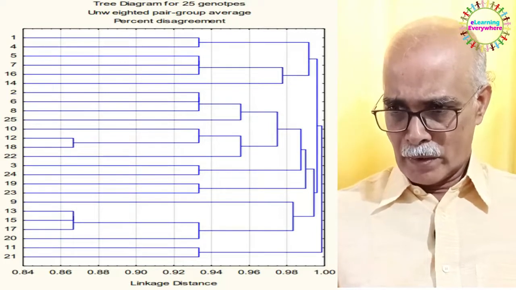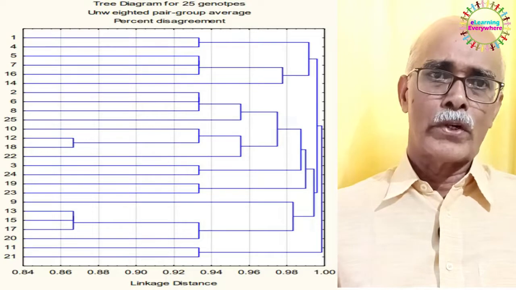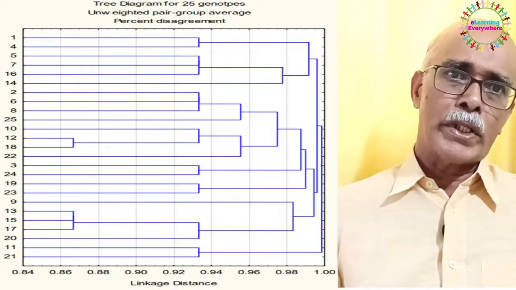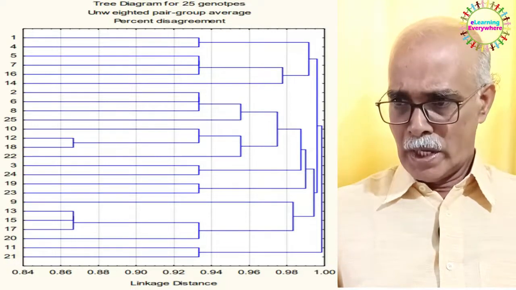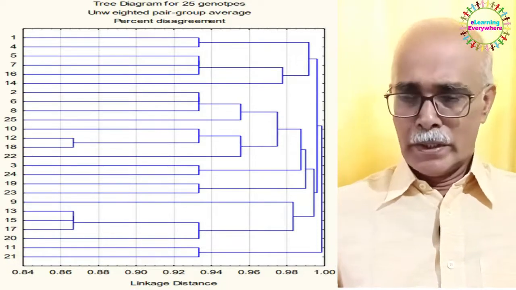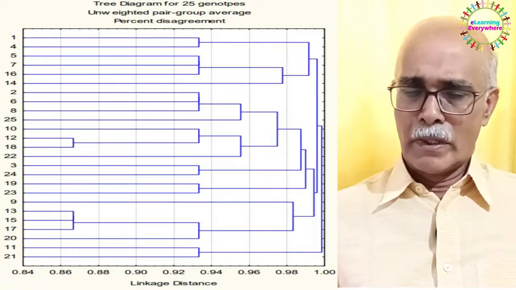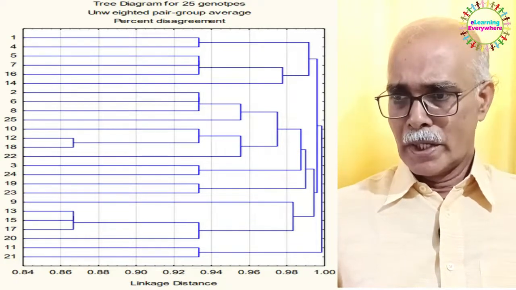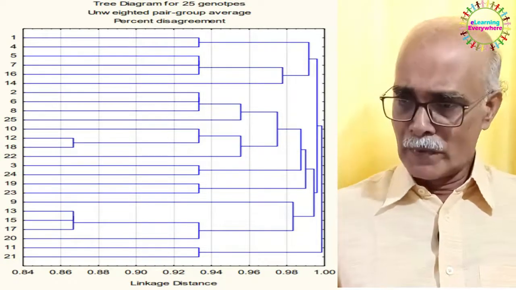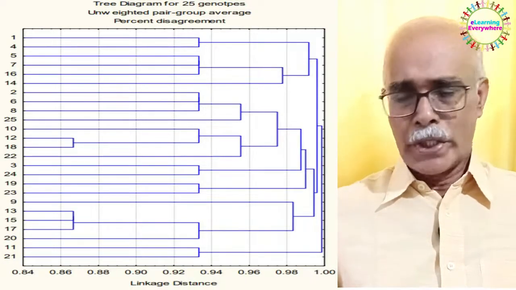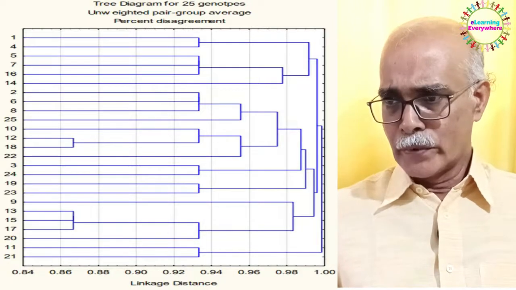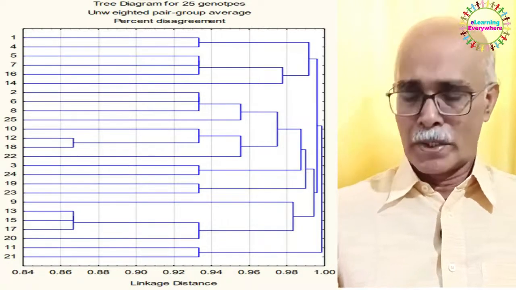There are only 2 genotypes in one cluster, and all the 23 genotypes are in the other large cluster. And then gradually the large cluster gets divided into several subclusters. In the first stage, it gets divided into 2 major subclusters.